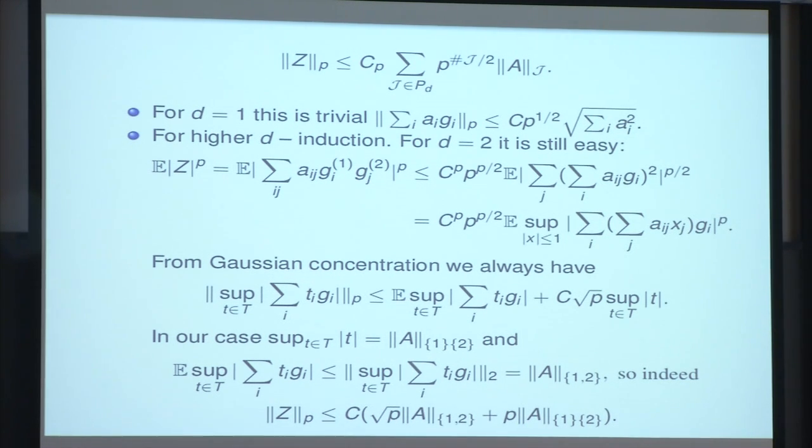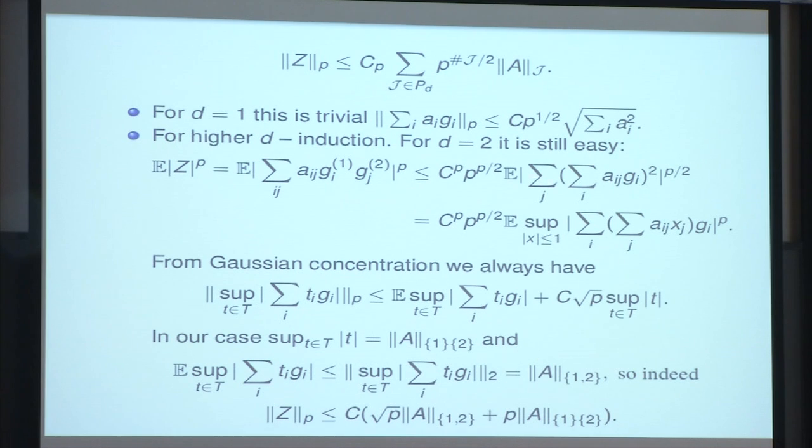So let me just show you the simplest case of d equal to 1. Okay, our multilinear form is just a linear form. Of course, a linear combination of Gaussians is again a Gaussian variable. So we know the standard deviation, and we know that the moments grow like square root of p. So this is trivial in this case.